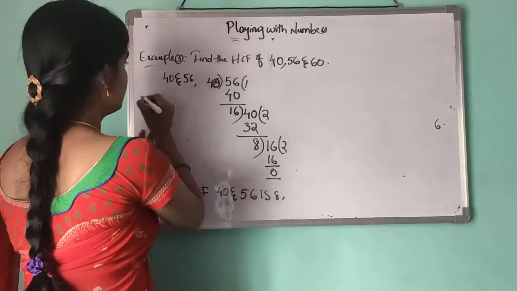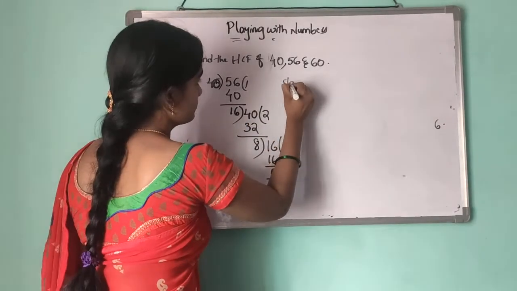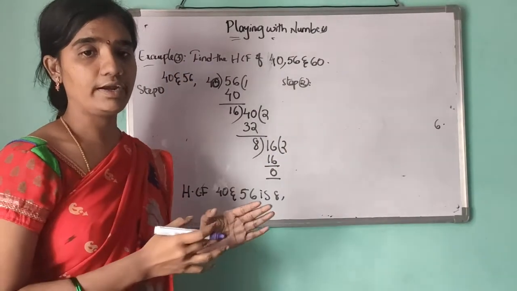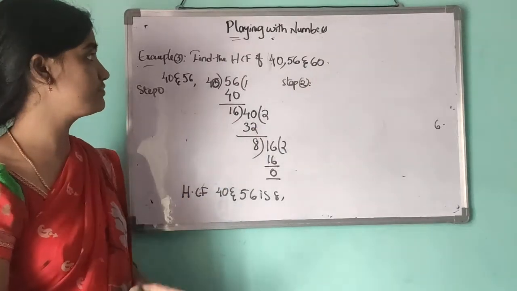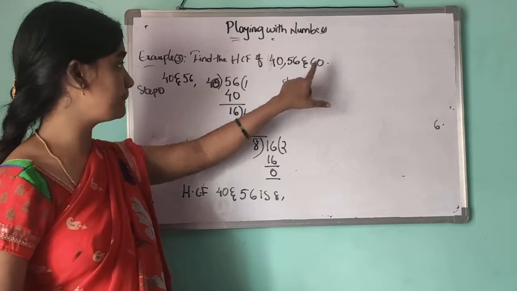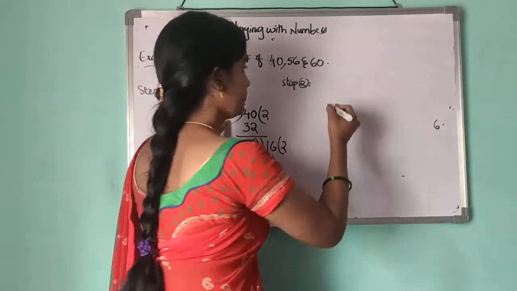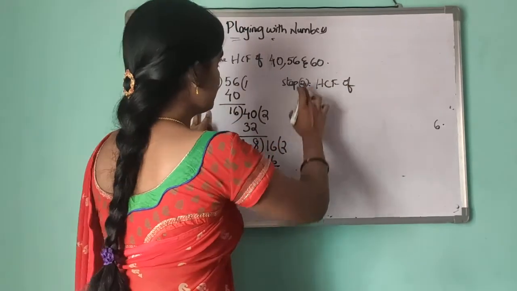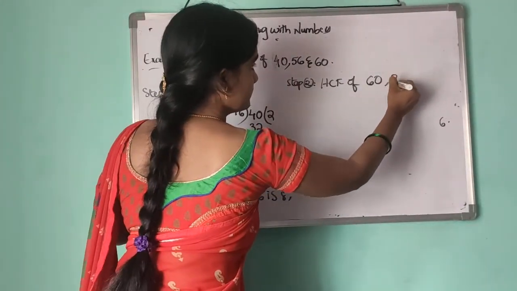This is step 1. Coming to step 2: find the HCF of the third number and the HCF of the first two numbers, which is 8. Let's see. What is the third number? 60. The HCF of the first two numbers is 8.